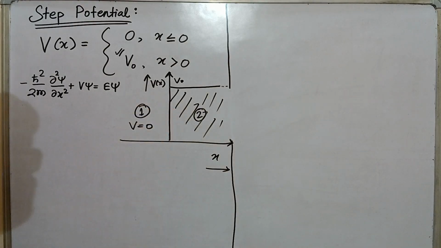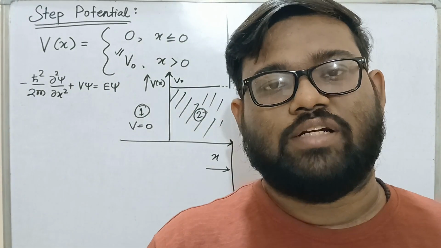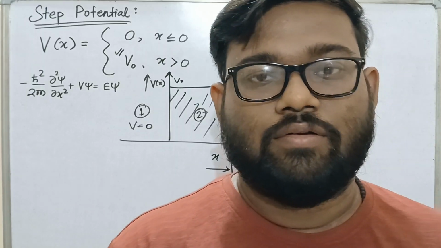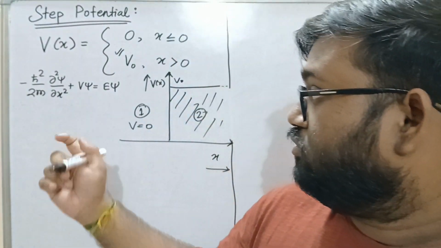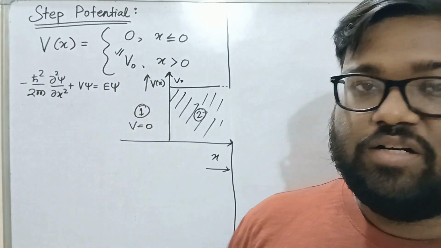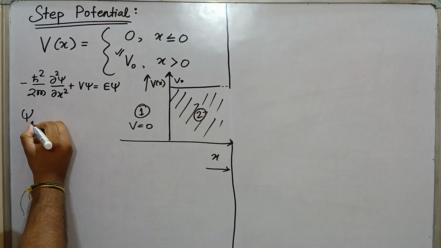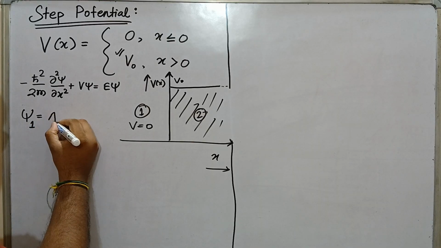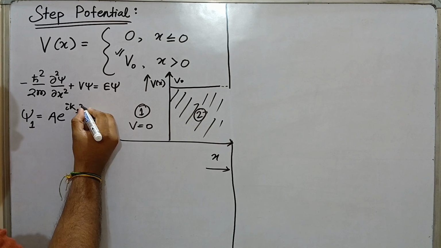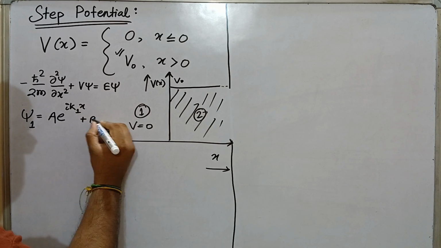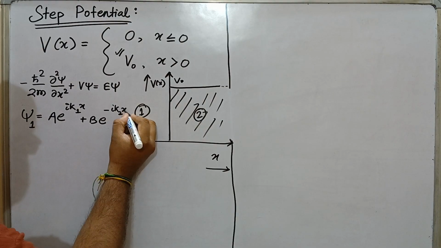In this part, when the potential is 0, we have already solved this kind of problem in the particle in a box. So the wave function for the first part we already know. That is, let's say, A e^(ik1x) plus B e^(-ik1x).